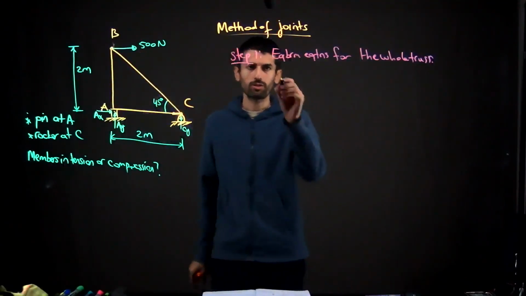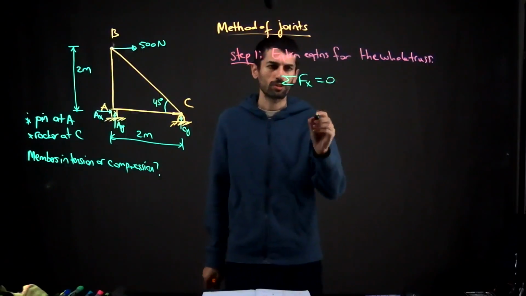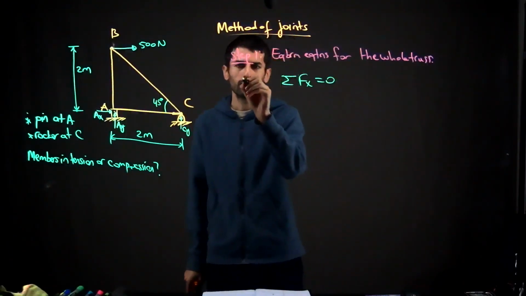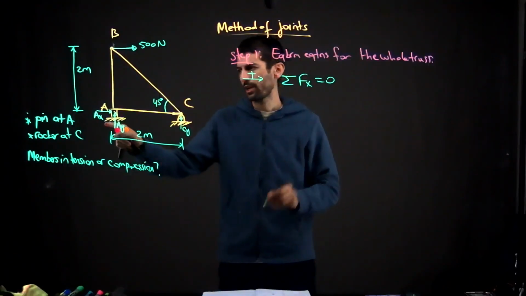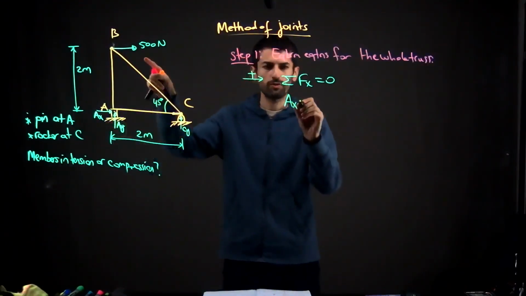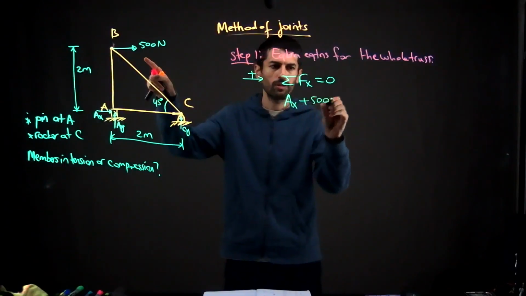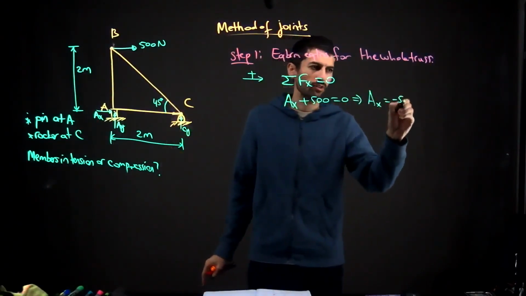Okay, so we will say that the forces acting in X direction are 0, and we will take to the right as positive. We have the AX, and we have the 500 newtons, and that's equal to 0. From here, AX is negative 500 newtons.